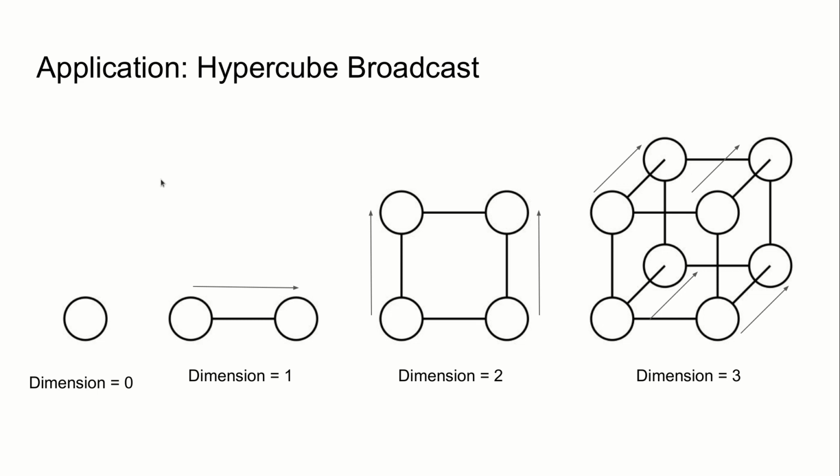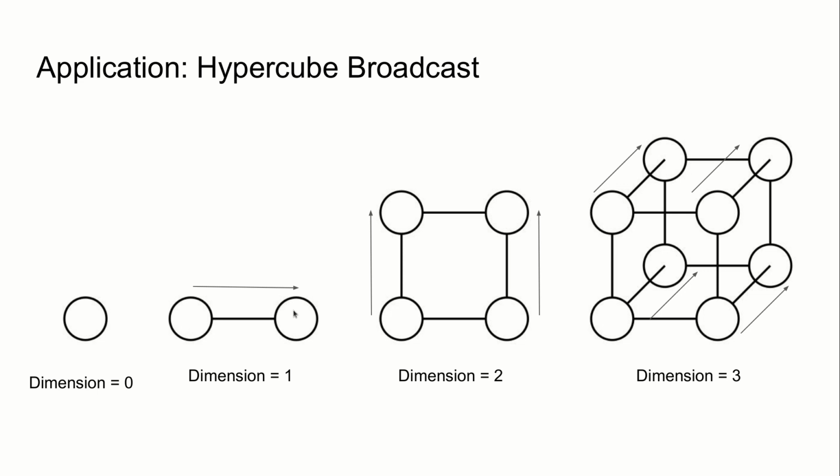And then we have another application which is pretty good, the Hypercube broadcast. The Hypercube broadcast starts from process 0 here, dimension 0. When you have dimension 1, process 0 will send the message from 0 to 1 here.